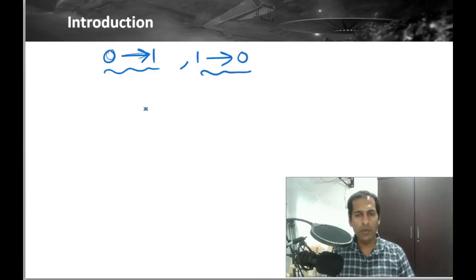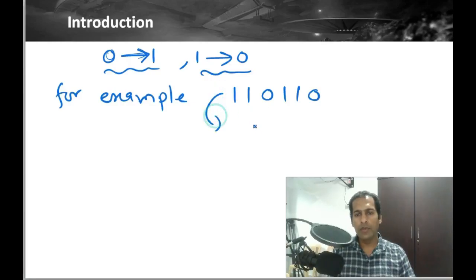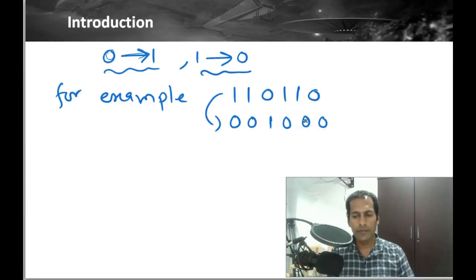This is nothing but 1's complement. So for example, 1's complement of 1 1 0 1 1 0. Its 1's complement will be the opposite of these numbers. So this will become 0 0 1 0 0 1. Right? So this is 1's complement.